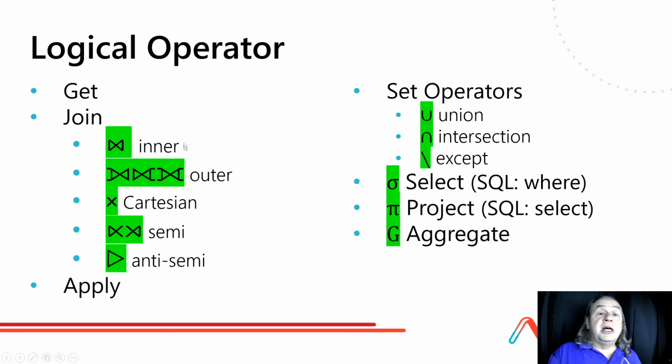Joins, for instance, come in inner, outer, and Cartesian format, but we also have the semi-join and the anti-semi-join. These exist within SQL Server, but there are no keywords that correspond to them.